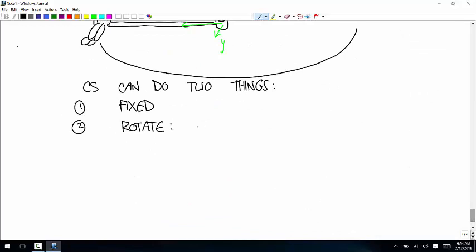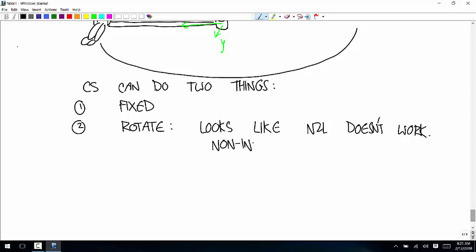So in the case where the camera is rotating, it looks like Newton's second law doesn't work. That's the idea of an inertial coordinate system. This would be a non-inertial coordinate system.